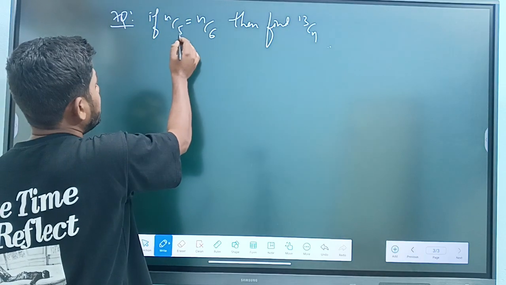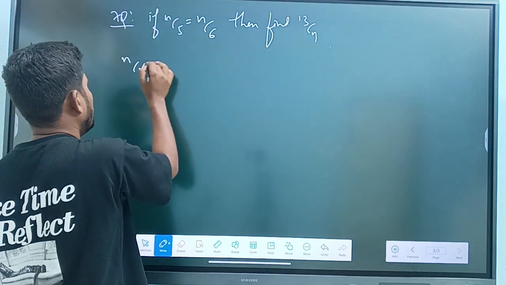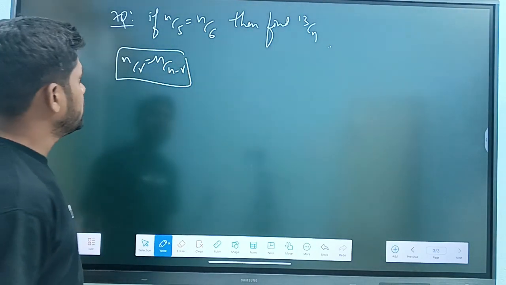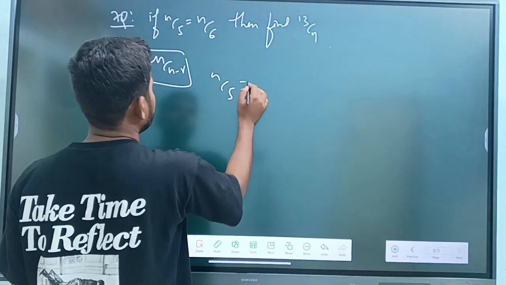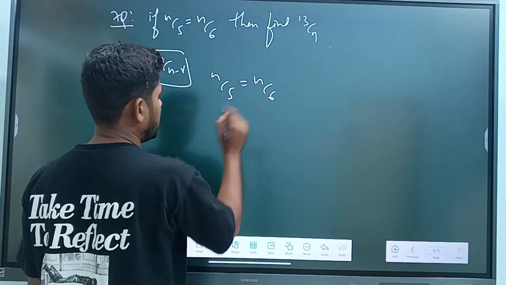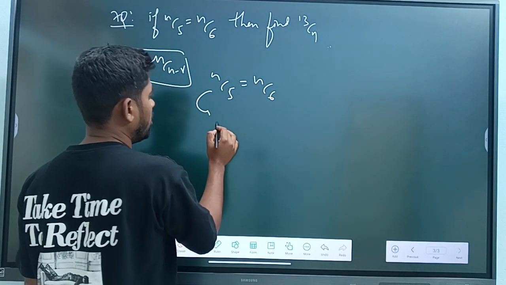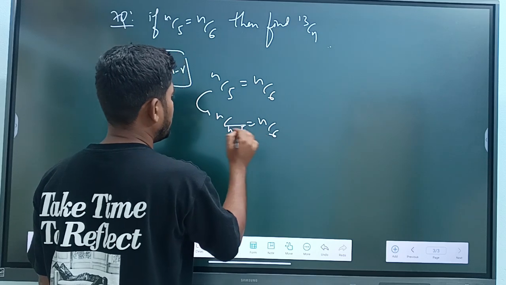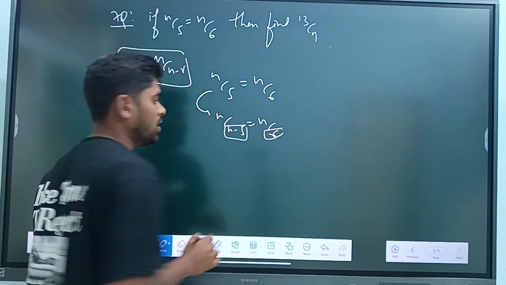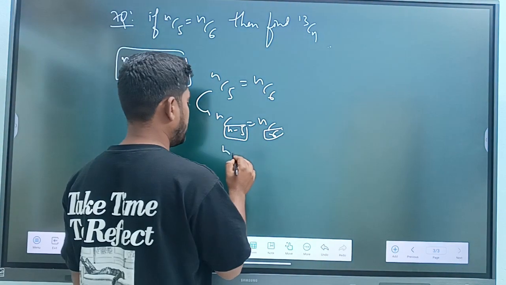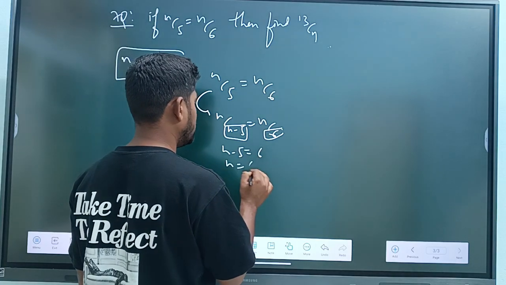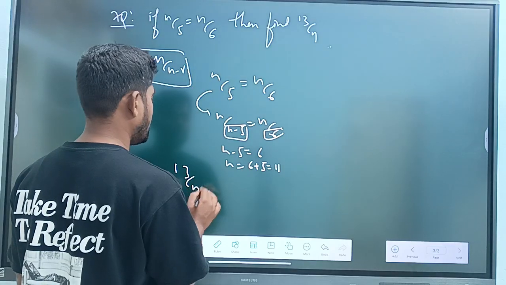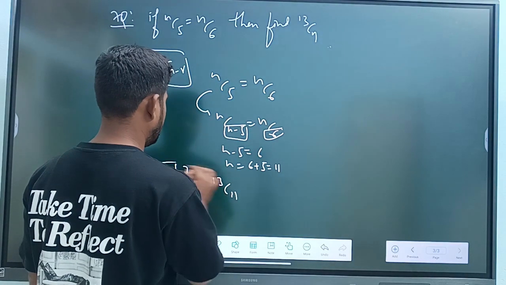The variable n is different here, and the nCr formula equals nC n minus r, these two are the same. So what should you do? Compare with the given one. nC5 equals nC6, you can write either. Let us say I use this formula: nC n minus 5 equals nC6. Since these two are the same, they must be equal. So n minus 5 equals 6, n equals 6 plus 5, that equals 11. Now 13Cn equals 13C11.